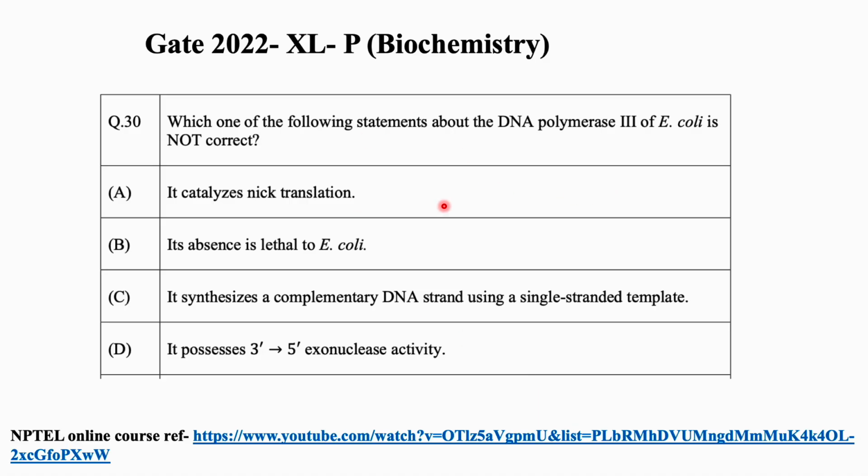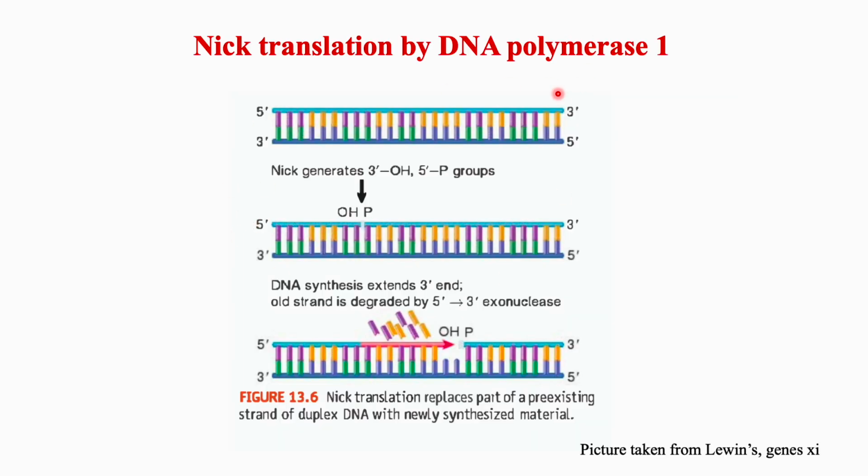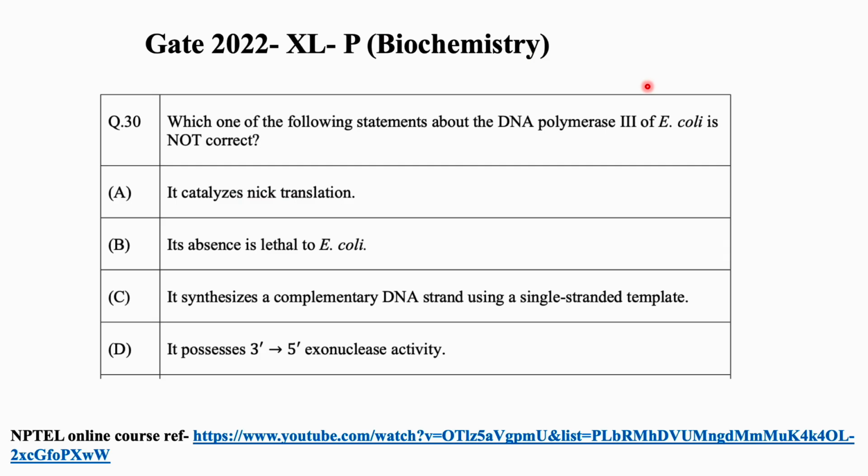So coming back to the question, which one of the following statements of DNA pol 3 of E. coli is not correct? So as I mentioned earlier, it does not catalyze nick translation. Nick translation is catalyzed solely by DNA pol 1, right?